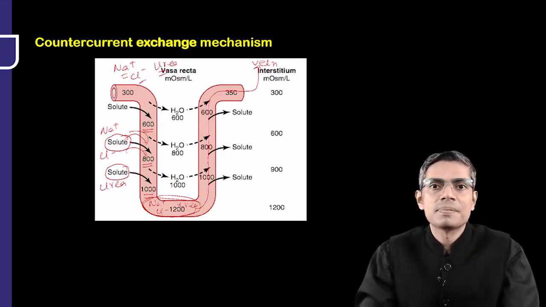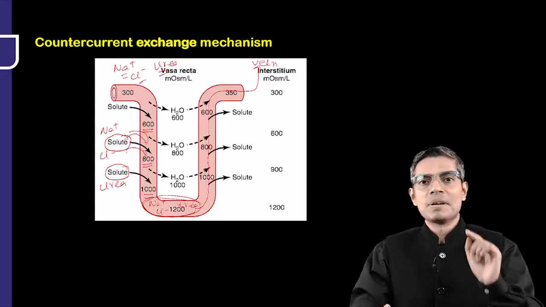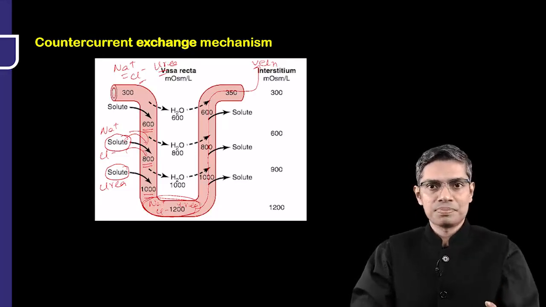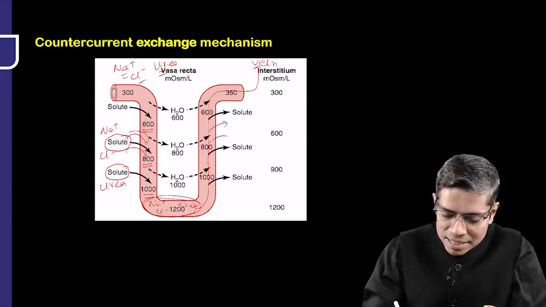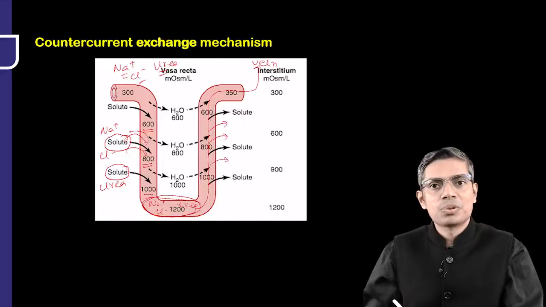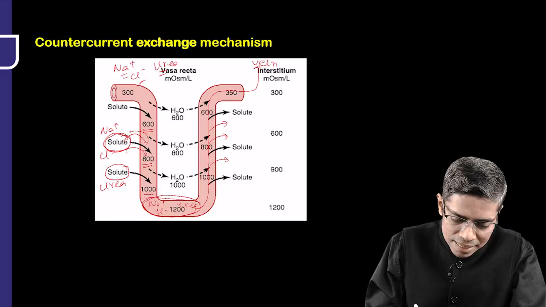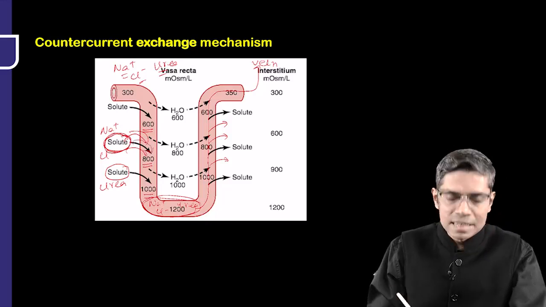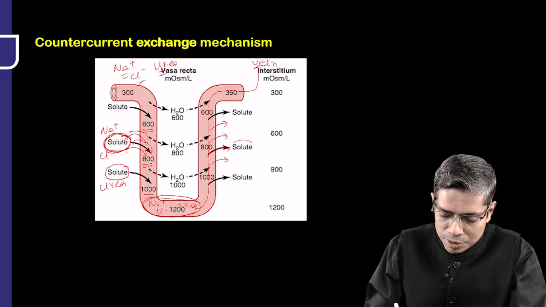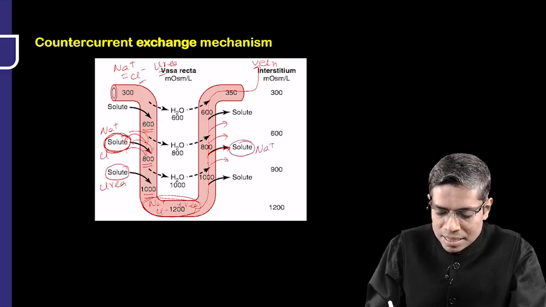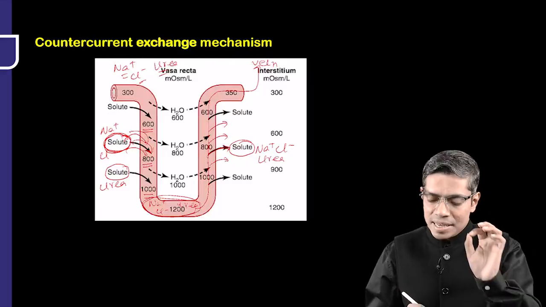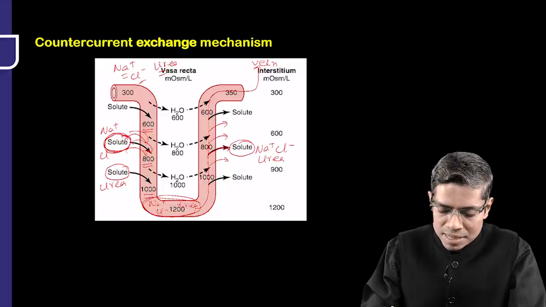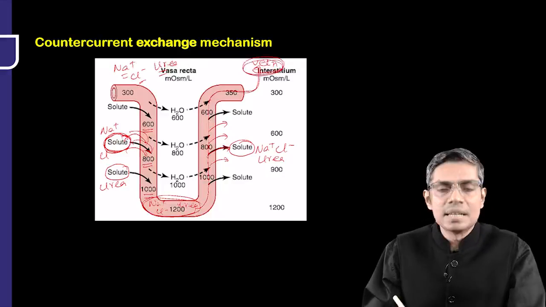but that is not acceptable. So the vasa recta has to again reabsorb this solute from the ascending limb of the vasa recta. Whatever solute is entering at the level of the descending limb, most of the solute will be reabsorbed at the level of the ascending limb of the vasa recta, sodium chloride, urea, and a very little amount of solute will be excreted at the level of the renal vein.